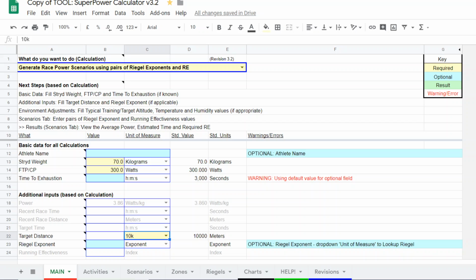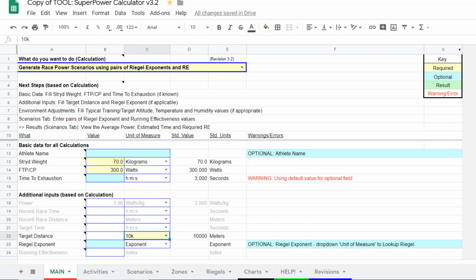I'm bringing you another video on the SuperPower calculator. This time I am going to do some hypothetical work on the impact of your selection of the Riegel exponent and the running effectiveness in race planning, in doing race power planning to arrive at your race power target.